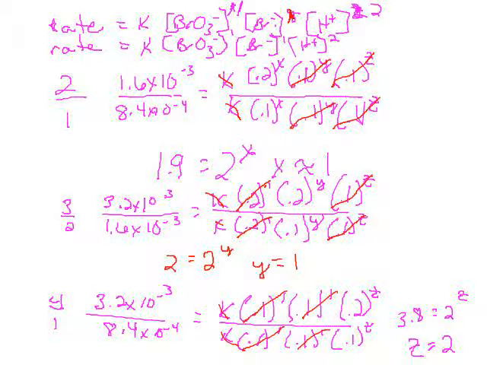And we'll do some practice problems like that in class. When I ask what is the reaction order, well, it's first order for BrO3. Br minus is also first order. H plus is a second order reaction. Overall, the overall order is 4 because you add up all of those exponents to find your overall reaction order.